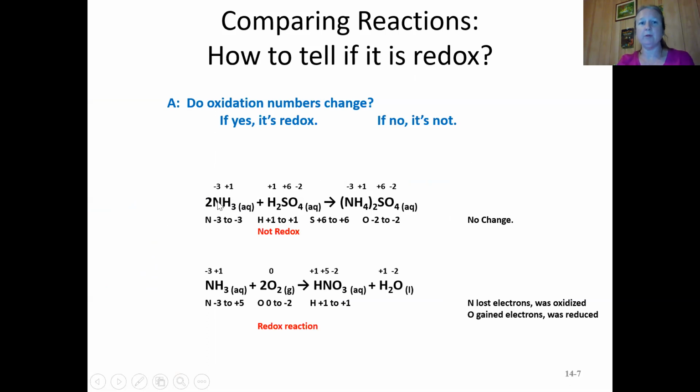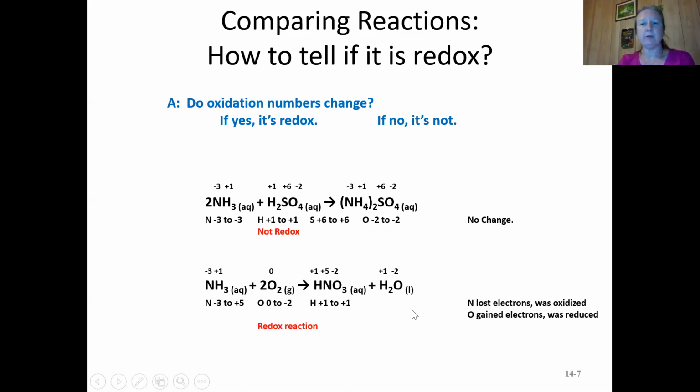Well, my nitrogen is a -3 over here, and it's a -3 over here. No change. My hydrogen is a +1 over here, both of them are +1, and it's a +1 over here. No change. My sulfur is a +6, and it's also a +6. There's no change. And my oxygen is a -2, and each oxygen over here is a -2. There is no change in the oxidation numbers. Therefore, this is not a redox reaction. I'll explain the bottom numbers later.